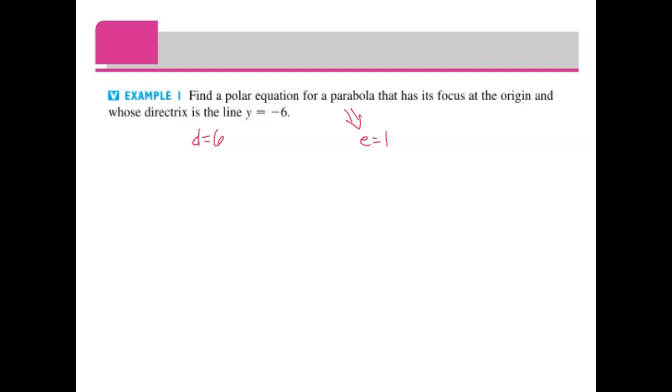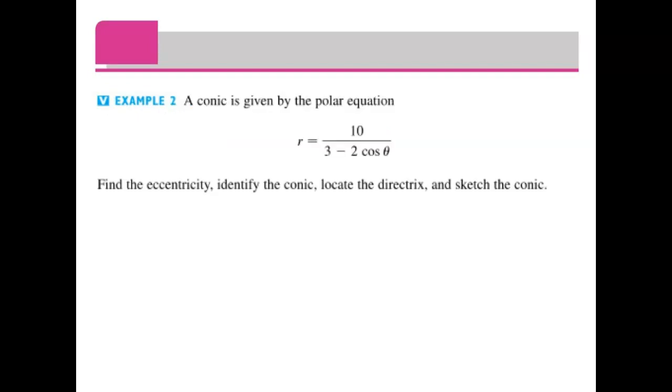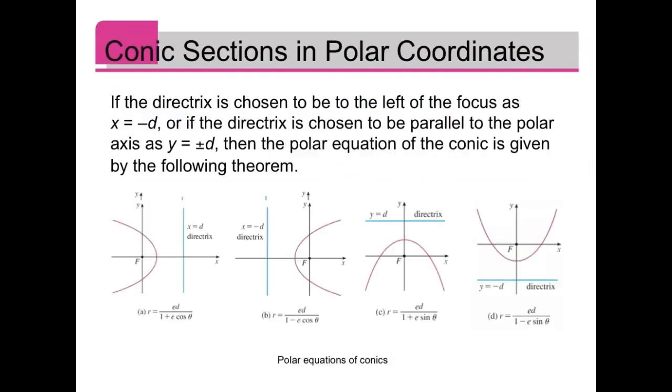So in the case that it's y equals -6, we're going to be using basically part D of this figure. So this is when the directrix falls below the x-axis, where y equals the opposite of D. So then D is the opposite of that directrix value. So D equals +6. And we're going to write it in the form R equals ED over 1 minus E sine theta.